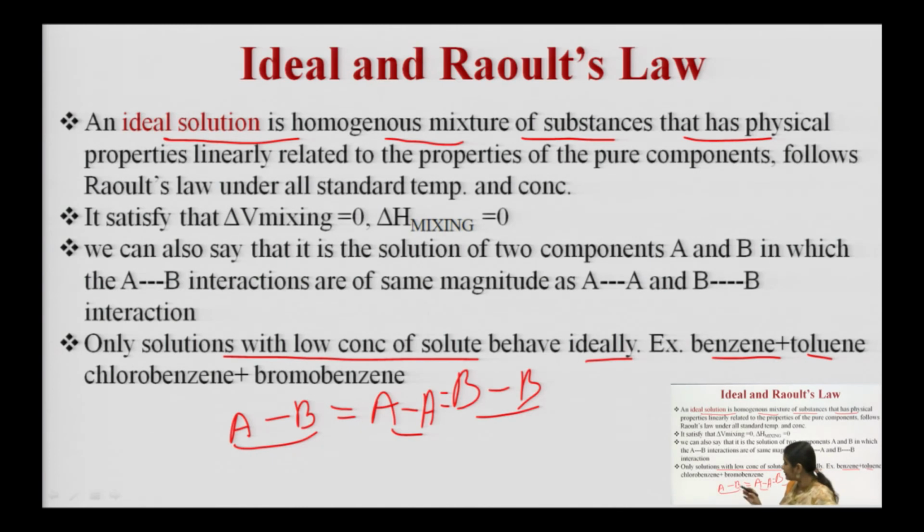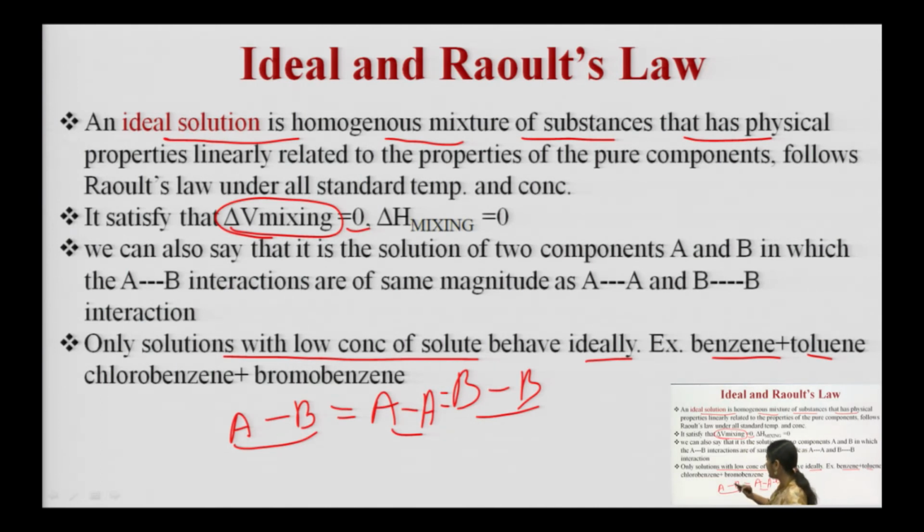In an ideal solution, del V, that is the change in volume on mixing, is equal to 0. Neither is there an increase in volume nor a decrease in volume. What do we understand by del V?